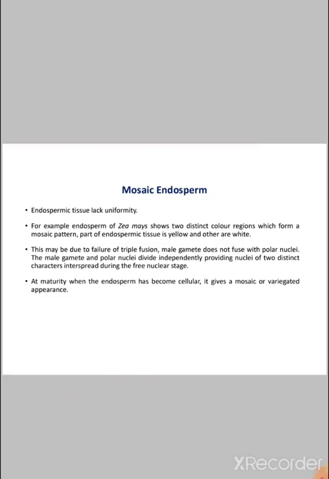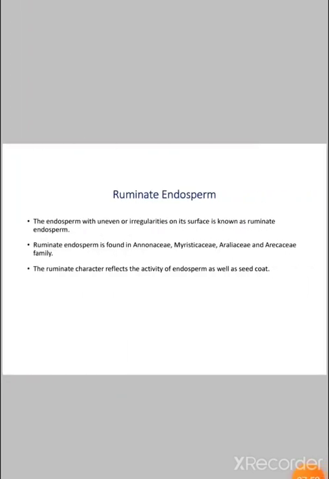Functions of the tapetum: the nutrients are transported through tapetum to the sporogenous tissue. Tapetum is involved in the synthesis of callase, which releases microspores in a tetrad by degrading the callose wall.